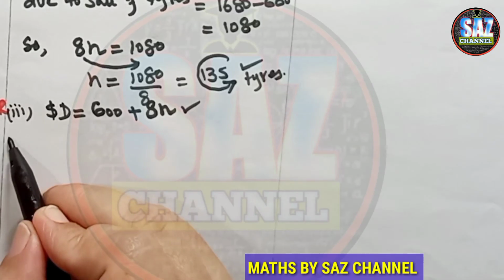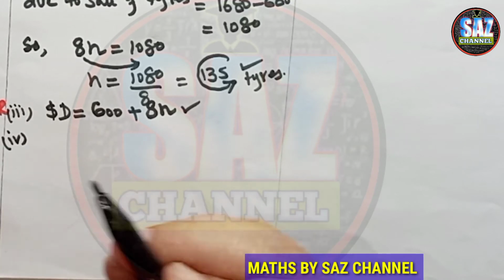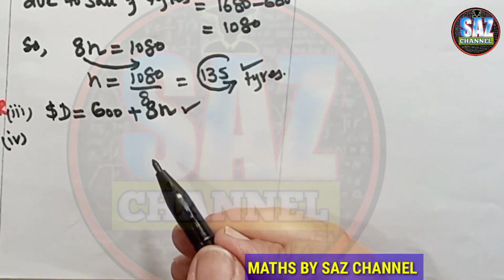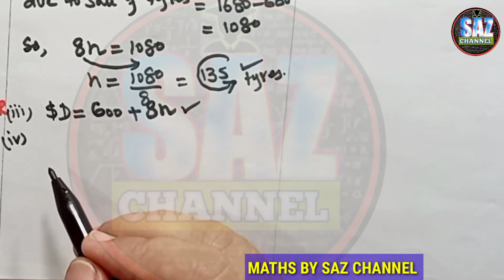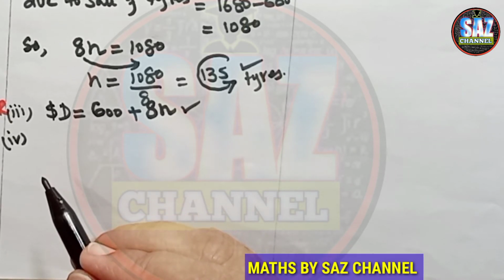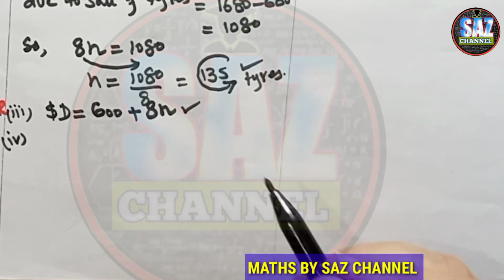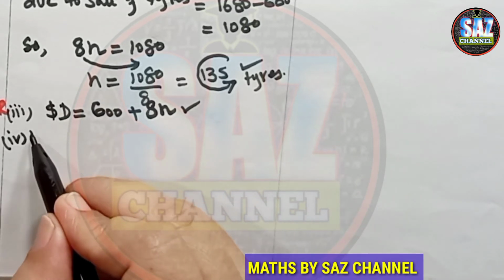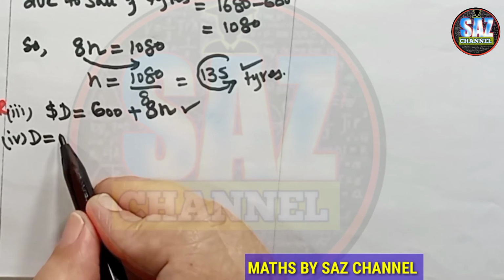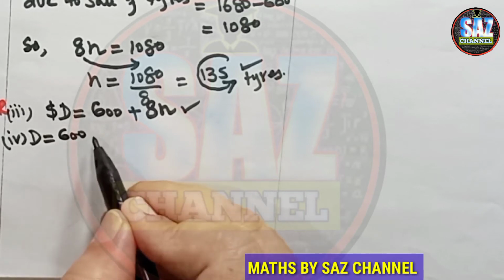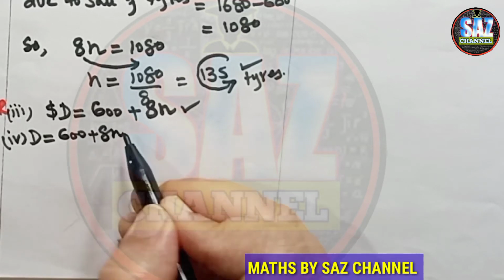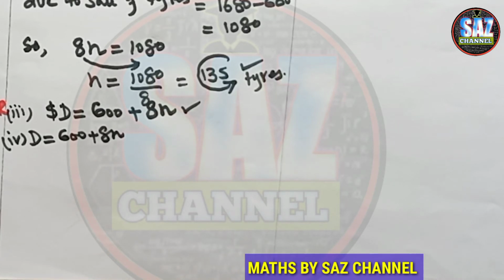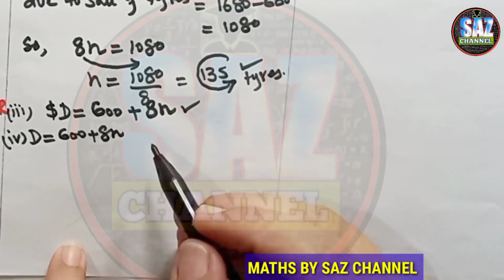Now the next part says that we have to draw the graph of D against N, and we have to tell whether it is direct proportion or not, and use the graph for the explanation. In order to draw the graph, again I take the relationship D equals 600 plus 8N. For drawing the graph, I need at least two points.